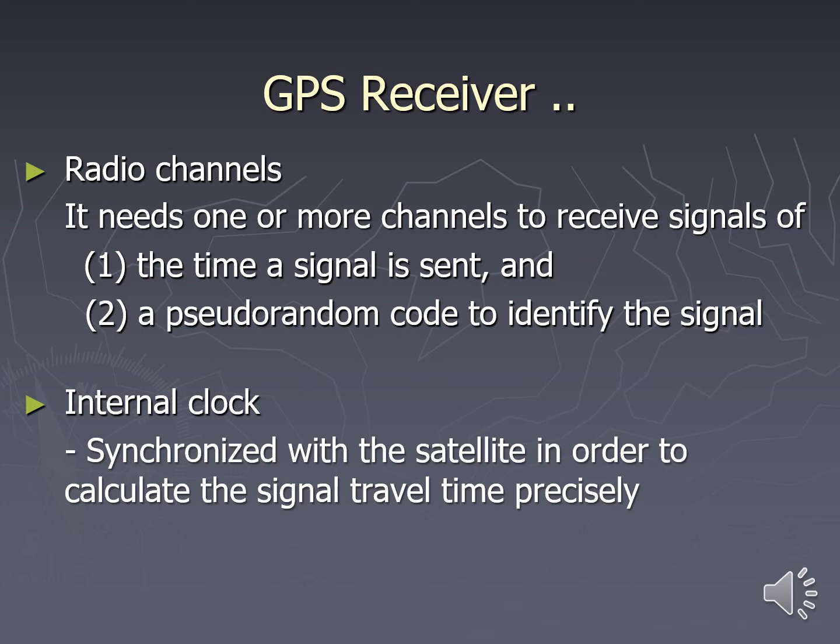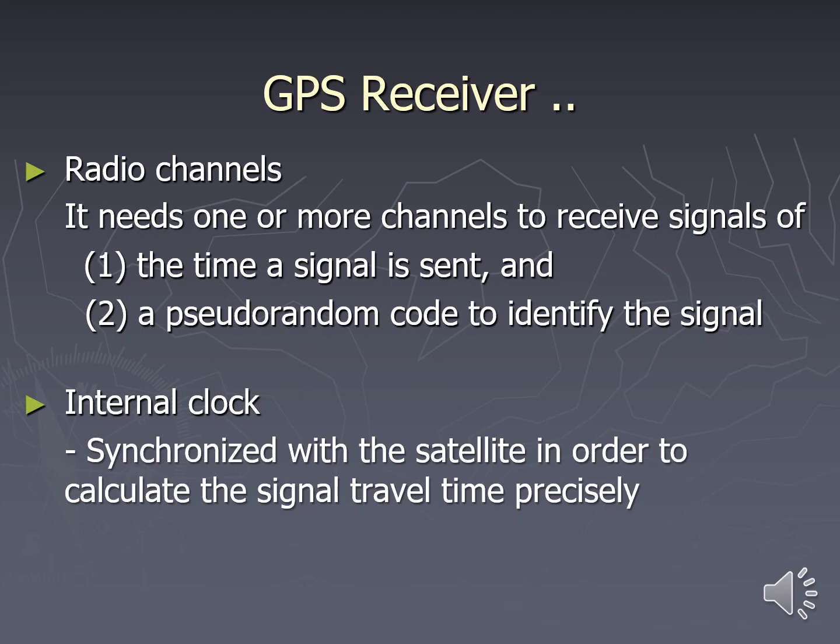I basically have already said this, but for radio channels, it needs one or more channels to receive the signals, the time the signal is sent, and a pseudo-random code to identify the signal. I did forget about this section, where you need to know which satellite is which. Each satellite has a not really random code, but it's numbered to us, the user. It doesn't mean anything.